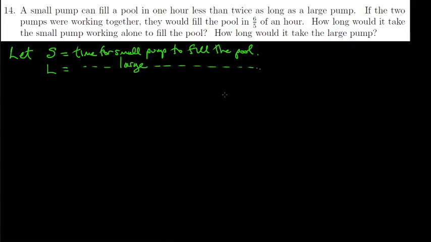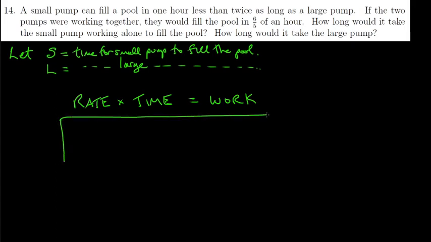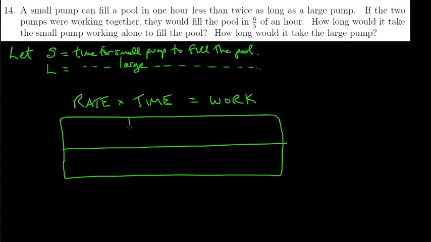So S and L. All right, so again, it's a work problem. They're working together. So this will be rate times time equals work. Just make your table. Again, 2 rows, I think, and 3 columns. That's the usual, because we have the small pump and the large pump.